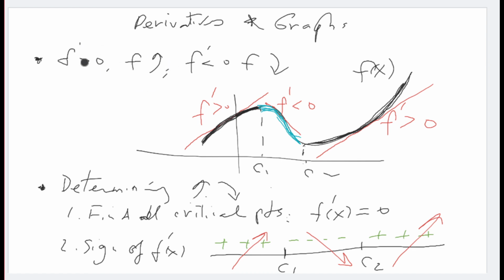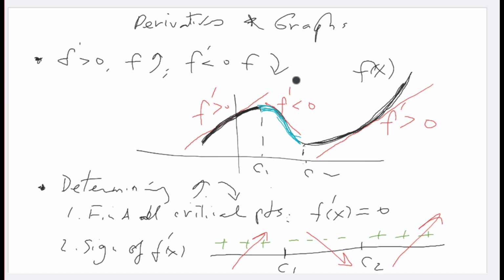When the derivative is positive, the function increases. Similarly, over this blue section where the graph clearly is decreasing, if you draw any tangent line to the graph, the line declines. It means the slope of the line is negative, but the slope of the tangent line is the derivative, so the derivative is negative. This again verifies the result here.